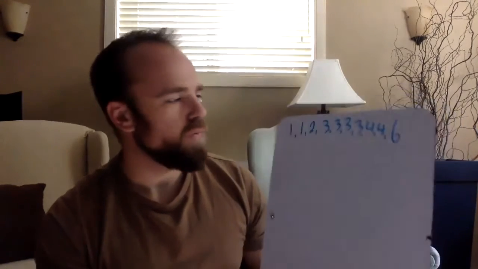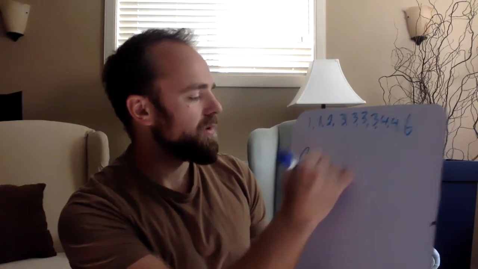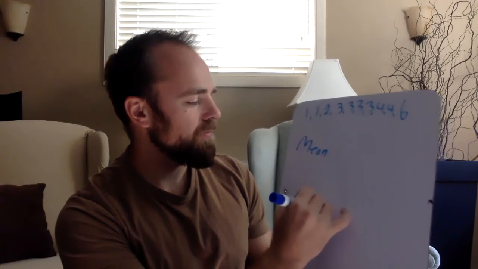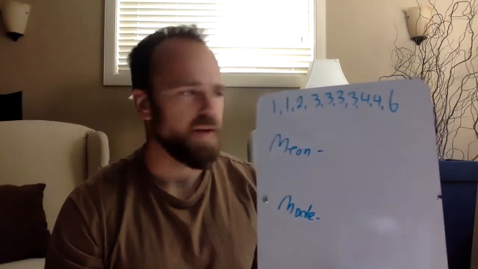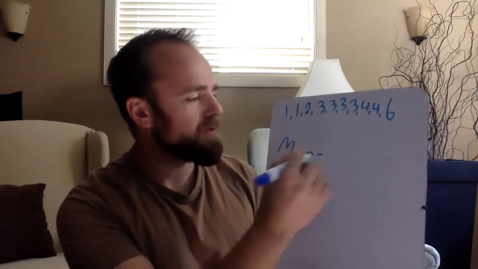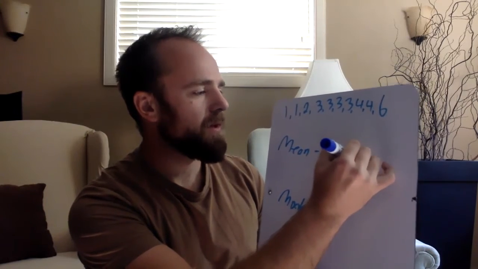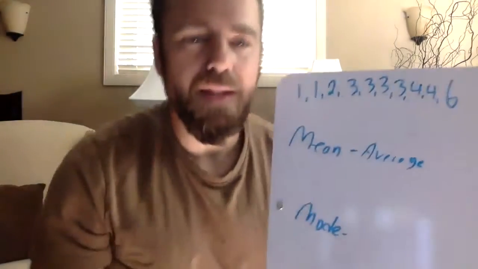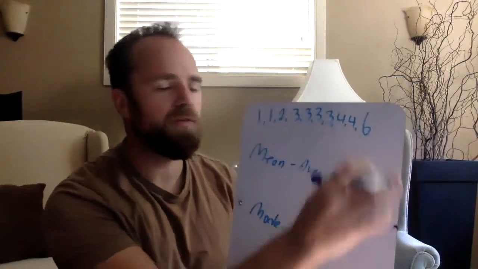All right. So when we're talking about mean and mode, what's actually going on? Well, mean is another word for average. When I calculate the average of something, I need to add all of them up.